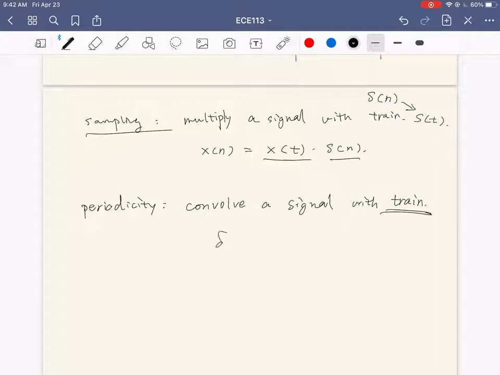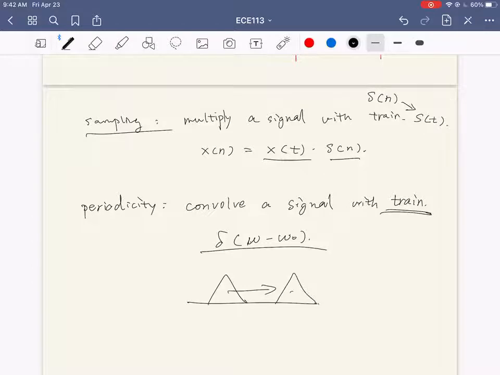So if you convolve with this impulse, you're basically shifting your original spectrum to a new place.